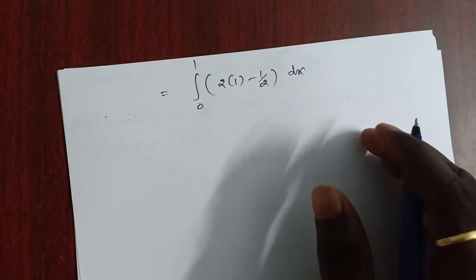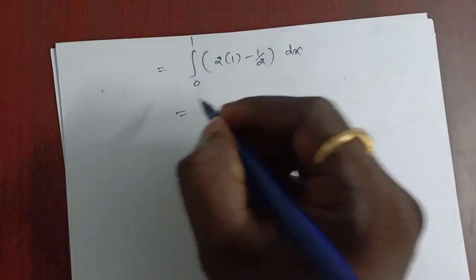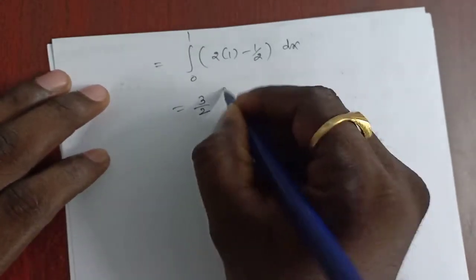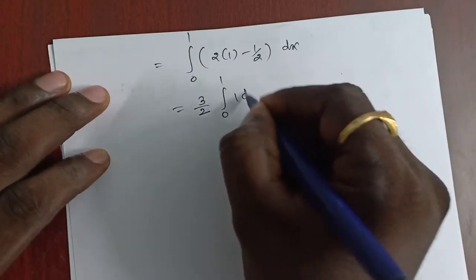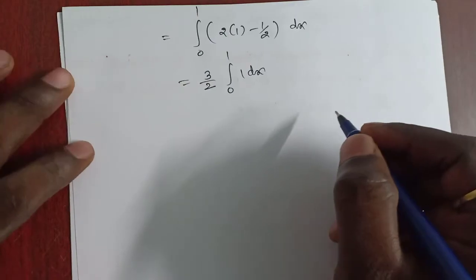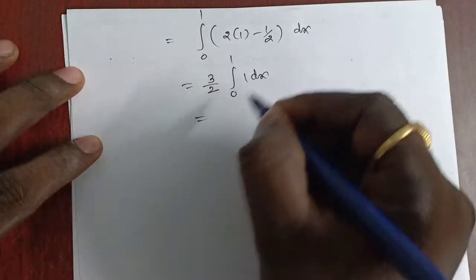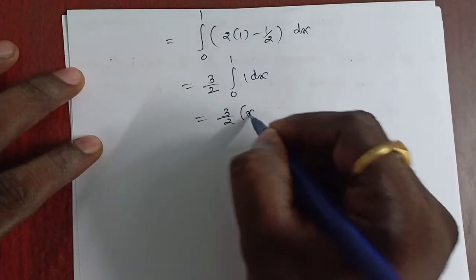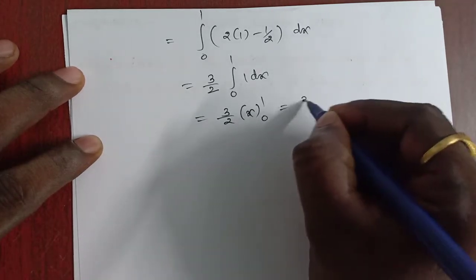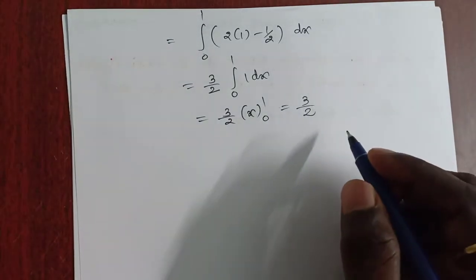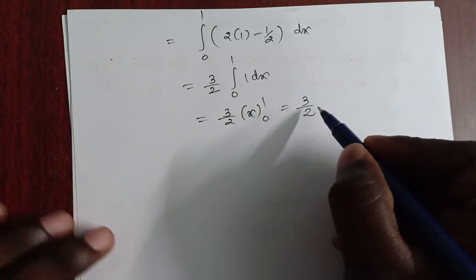We need to substitute the lower boundary. Now 2 minus 1 by 2 is what? 3 by 2. So 3 by 2 is a constant, put it outside, and the boundaries are from 0 to 1, 1 dx. Now for 1, with respect to x it is x, and the boundaries are from 0 to 1. So simply, the RHS value is 3 by 2.